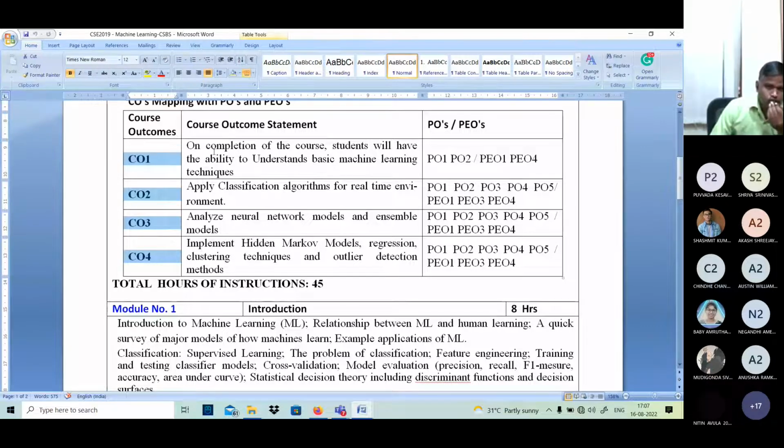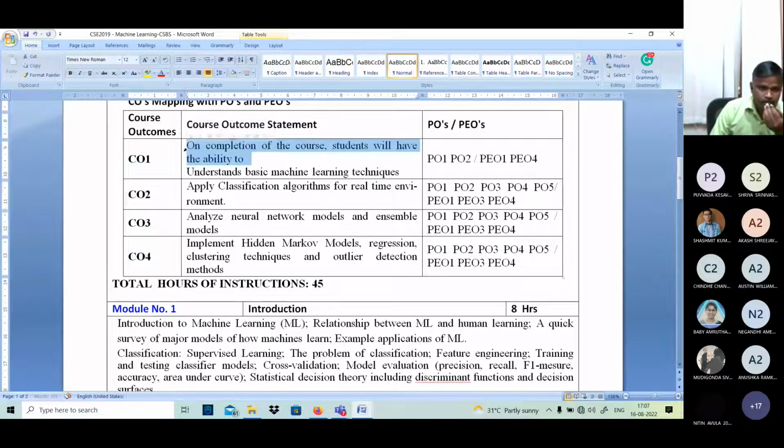When you complete this course, what benefits will you attain? What knowledge will you have? During completion of this course, each student understands basic machine learning techniques.